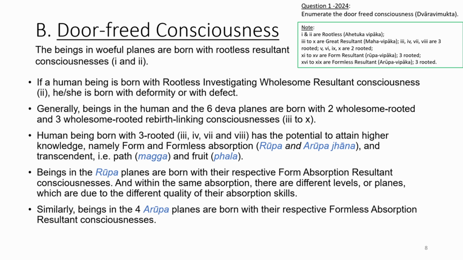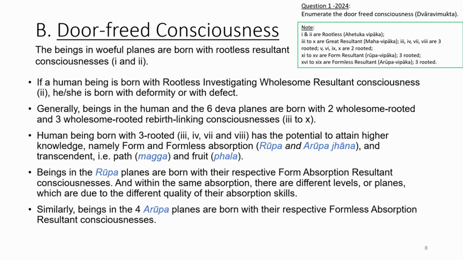Those with 3 roots are with knowledge. A human being born with 3 roots has the potential to attain higher knowledge, namely form and formless absorption, rupa and arupa jhana, as well as the transcendent, that is the lokuttara, which is the path, magga, and the fruit, phala.